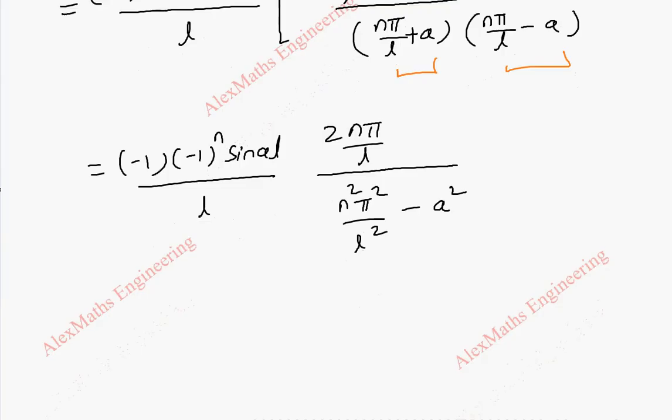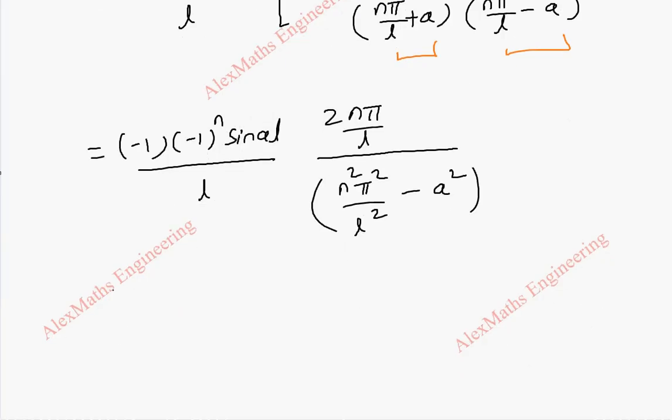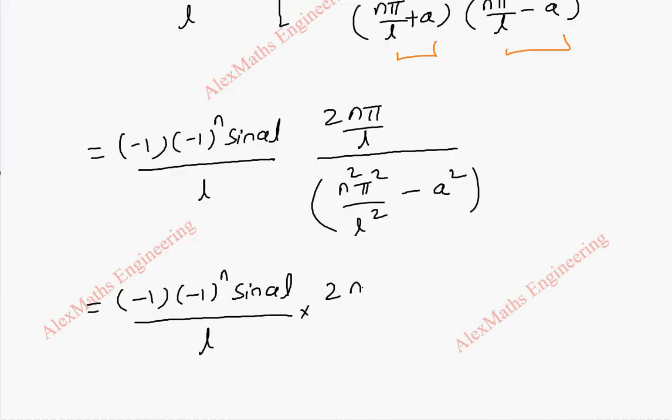So the denominator part we can take LCM. So this is going to be minus 1 into minus 1 whole power n into sine AL by L, and this is 2n pi by L, and in the denominator the LCM is L square. So we have n square pi square minus A square L square.